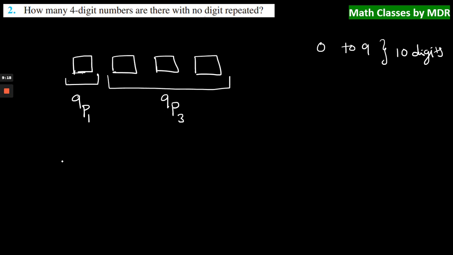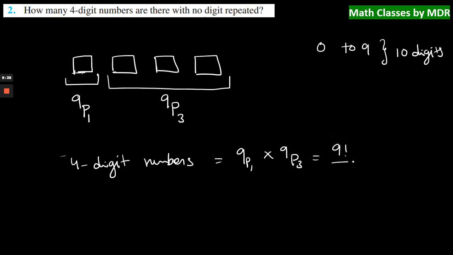So the total number of permutations, that is the total 4-digit numbers, is equal to 9P1 into 9P3. So what is 9P1?